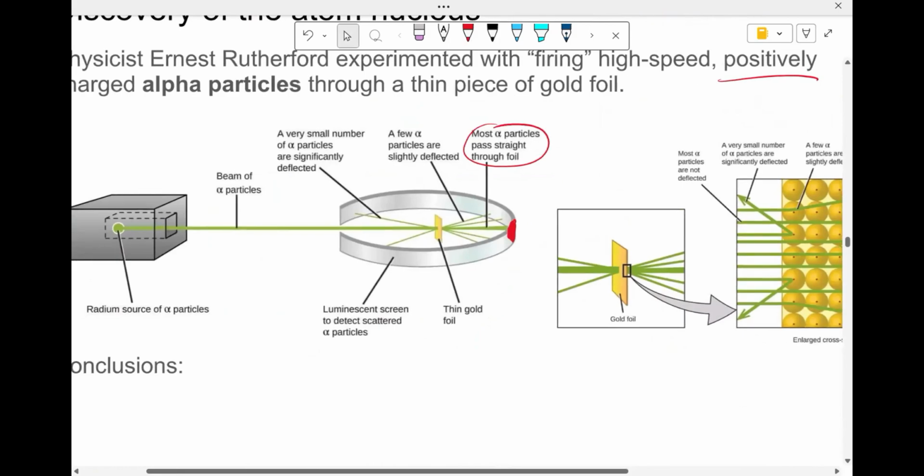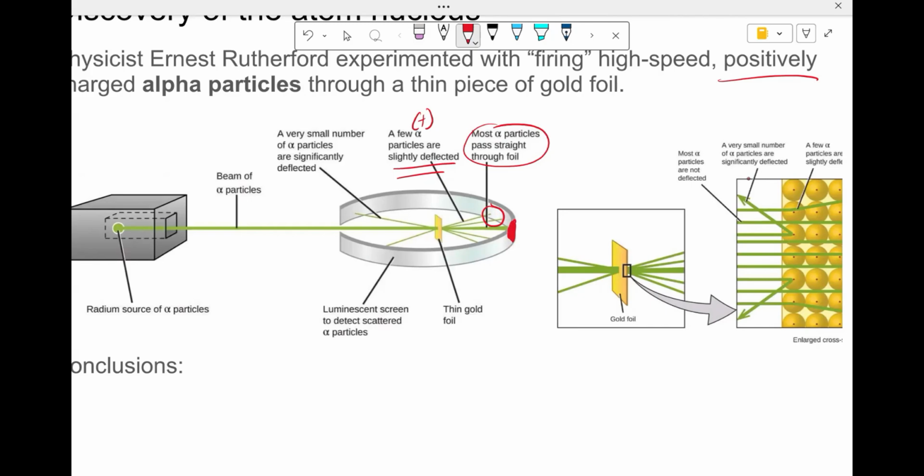What he also found was that a few of these alpha particles got deflected, kind of like the cathode ray tube experiment, where negative particles got deflected by a negatively charged substance. How are these alpha particles, which are positively charged, being deflected? Well, the way they get deflected is if there must be something positive inside of this gold foil.